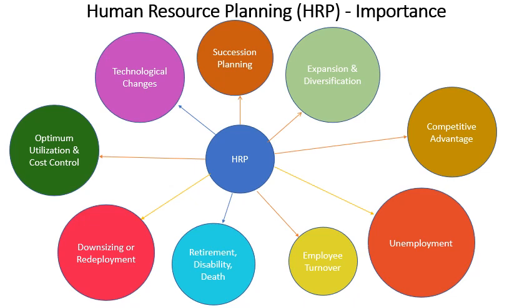Now, another importance of human resource planning is succession planning. There are two terms in human resource management, that is career planning and succession planning. Every employee in an organization wants career growth. So, what is career?